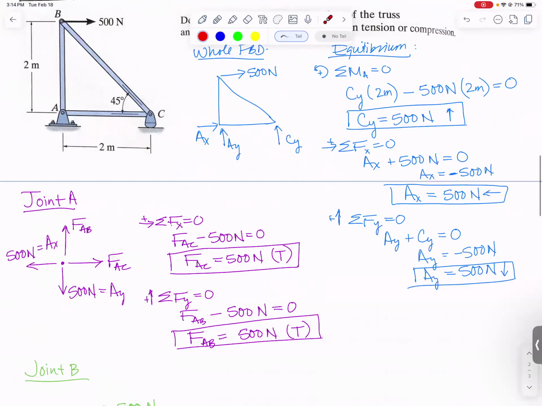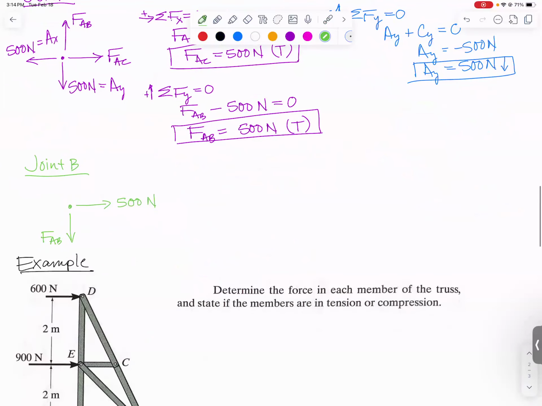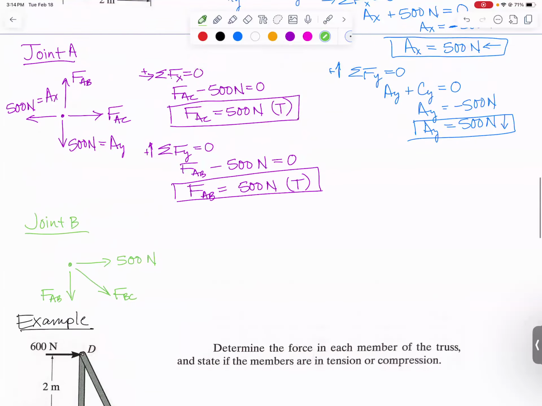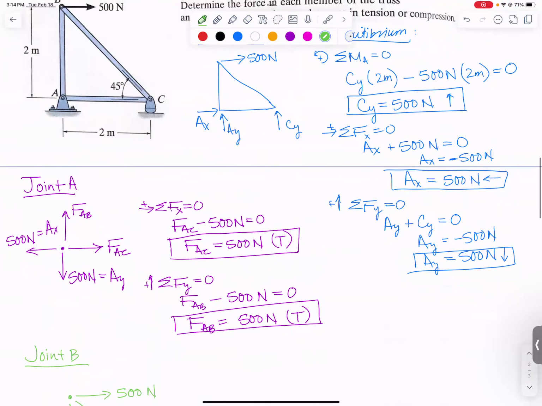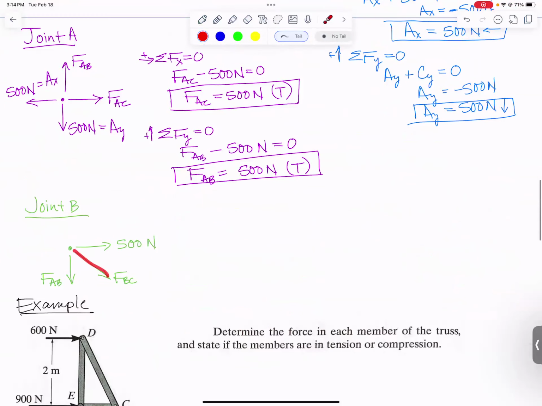And then finally, BC is at an angle, and I'm just going to guess it's in tension. As far as angles, that member is at a 45-degree angle, so this force is also at a 45-degree angle. Now, equilibrium, we can sum forces in either the X direction or the Y direction. They will both give us the answer. There's only one unknown to solve for here because we already know FAB is 500 newtons.